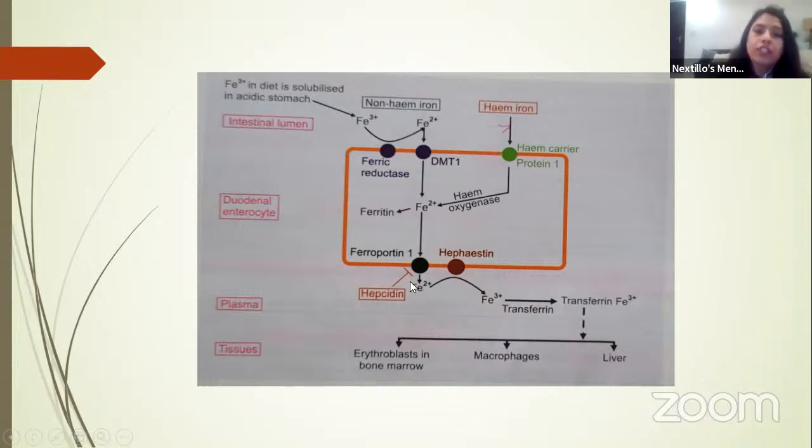Now this iron which comes into the plasma attaches itself to transferrin. Transferrin is the transport form, and it is transported to wherever it is needed, be it the erythroblasts in the bone marrow to form RBCs, or to the macrophages, or to the liver.